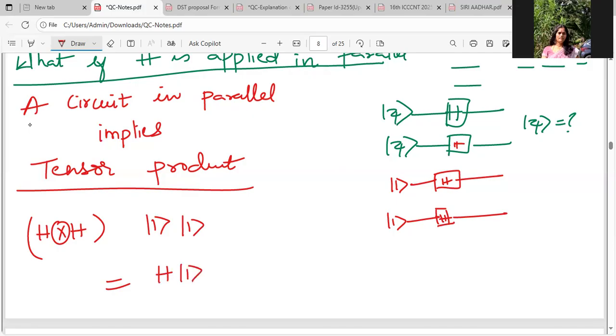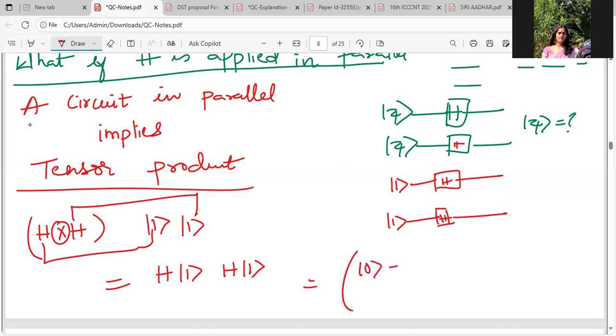I know how the tensor product of operators works: one operator for one qubit, another operator for another qubit. Very simple, very obvious. H on ket 1 is ket 0 minus ket 1 by root 2, and the other is also ket 0 minus ket 1 by root 2.